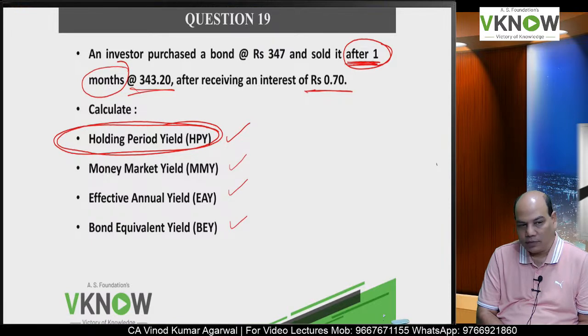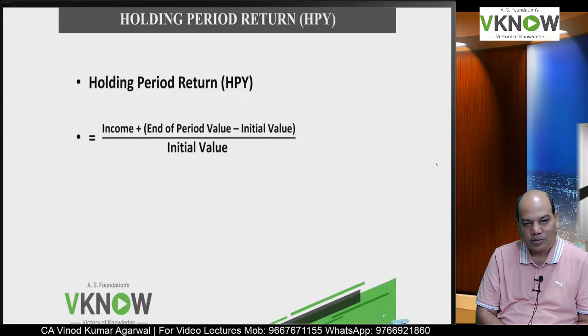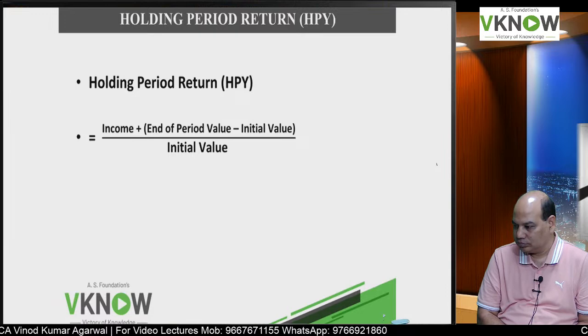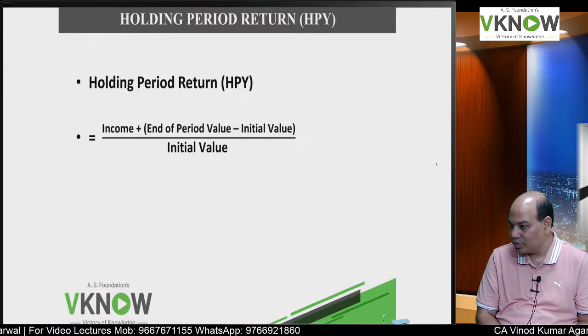Just apply the formula. HPY is equal to income plus end of the period value minus initial value, upon initial value. If you get the answer in negative, that is also okay. Don't worry, the answer can be negative.